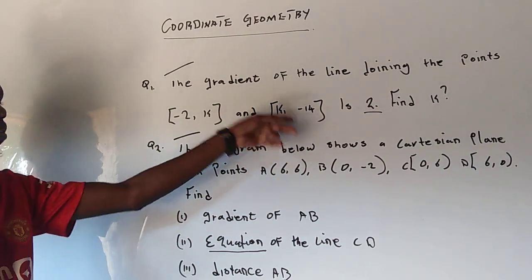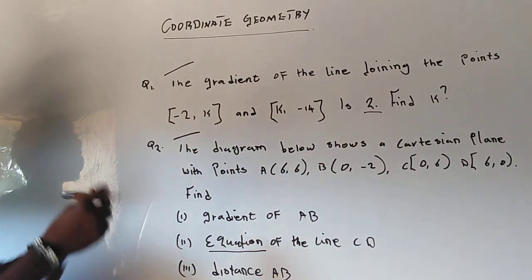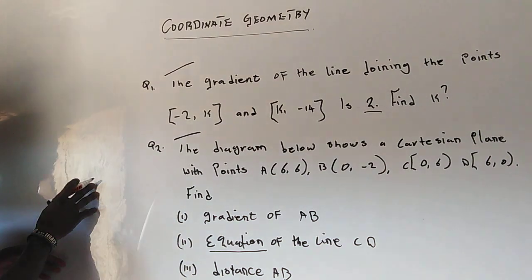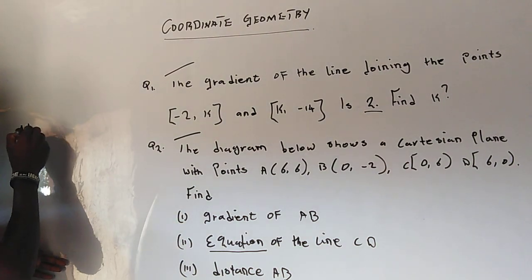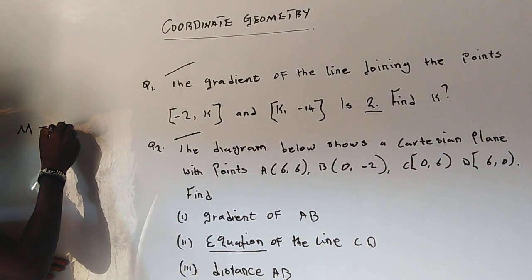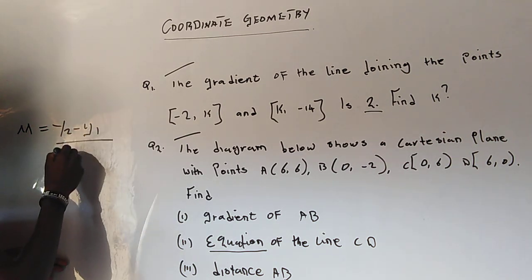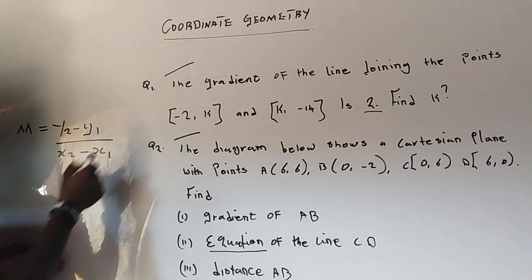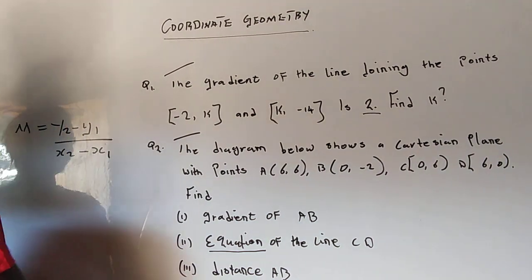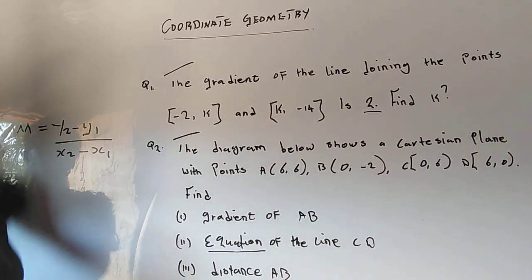What's the formula for the gradient? The formula for the gradient is m equals y2 minus y1 over x2 minus x1.